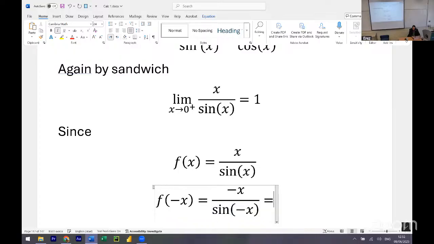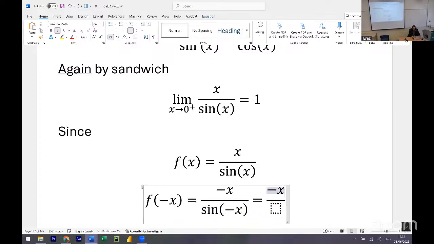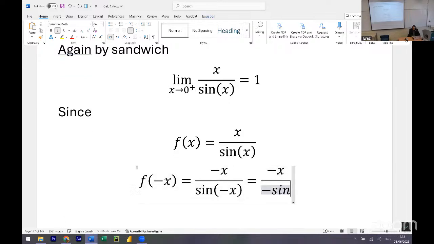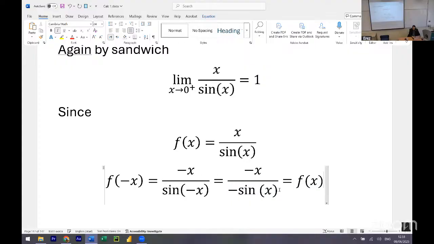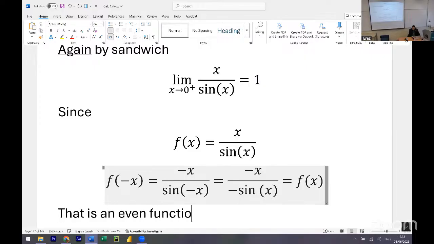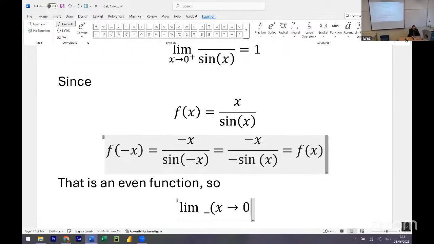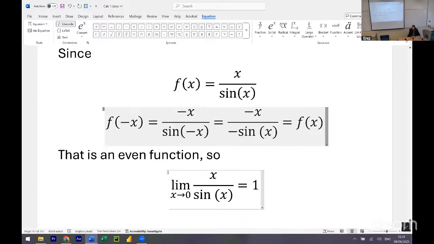Which is minus x over minus sine of x, which is again f of x, right? It's an even function. That is an even function. So the two-sided limit exists. It's the same. The limit from the left is equal to the limit from the right, which is 1.